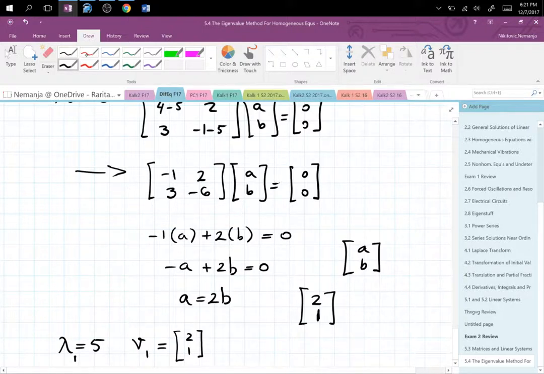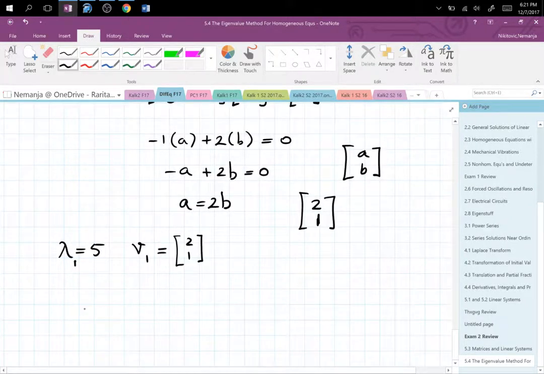So when I do the matrix multiplication, we pick a and b, put it on top of 1 and 2, so -1 times a plus 2 times b equals 0, which is the top 0 over here. So we just pick the first row. The second row is going to give you the same thing if you cancel. But we need to find the other set first, and then we're going to put everything together.